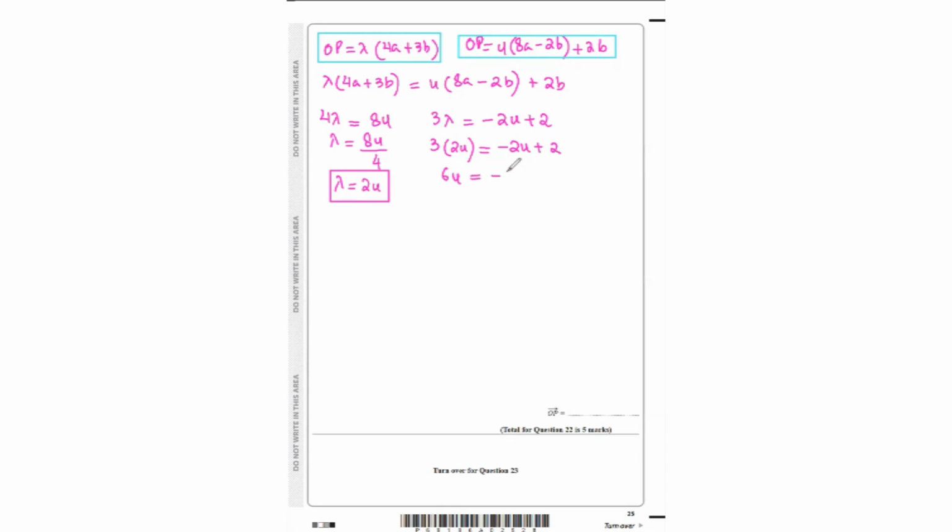That's 6 mu equals negative 2 mu plus 2. 6 mu plus 2 mu equals 2. 8 mu equals 2 and mu equals 2 over 8, which is 1 over 4. So if mu equals 1 over 4, that means lambda is going to be 2 times 1 over 4, which is 1 over 2.